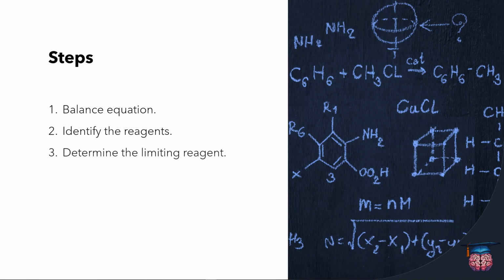From these identified reagents, we go and determine the limiting reagent by calculating the number of moles of each of the reagents and comparing them to see which one has the smallest 1-to-1 mole ratio. From this, we go and calculate a theoretical yield by determining the number of moles of the product that we can produce. And from this theoretical yield and the experimental yield, we can go and calculate a percentage yield.